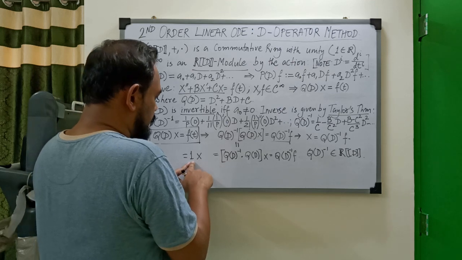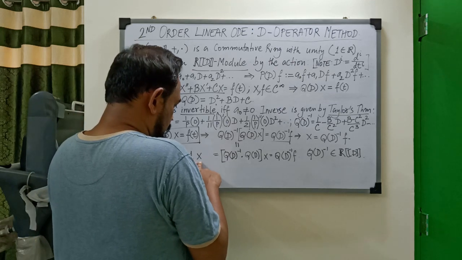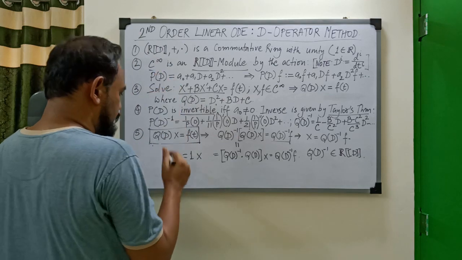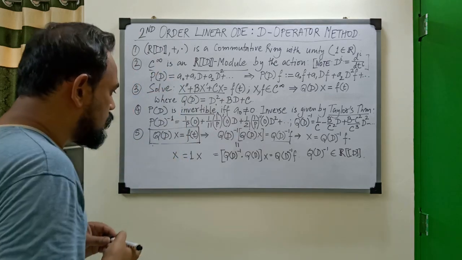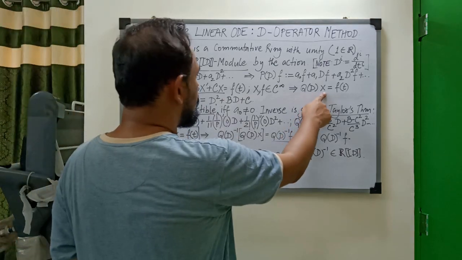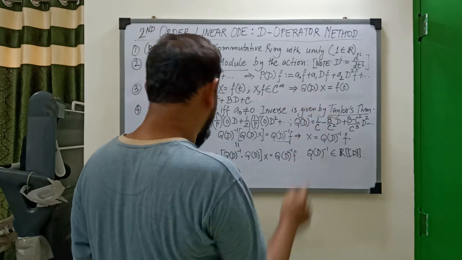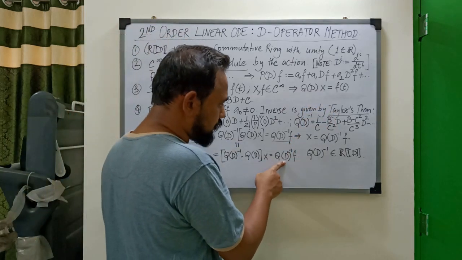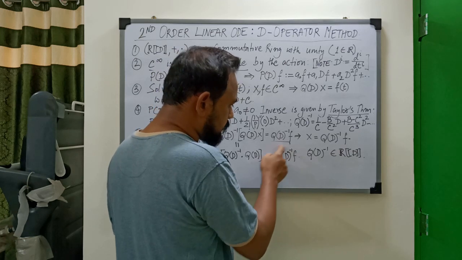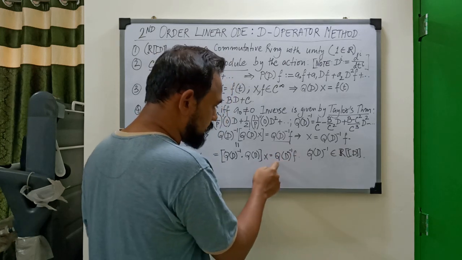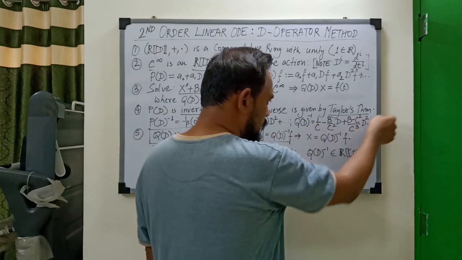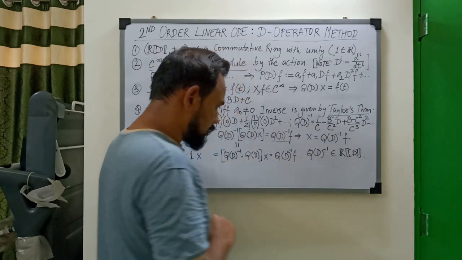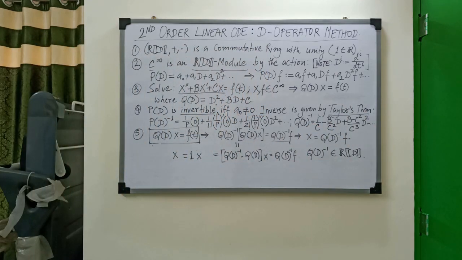A unity from the ring acts on the group element, in C infinity, by just keeping it what it is. So the function X we had to find is really given by the action of this ring element, this QD inverse, on the function. And that's all there is.